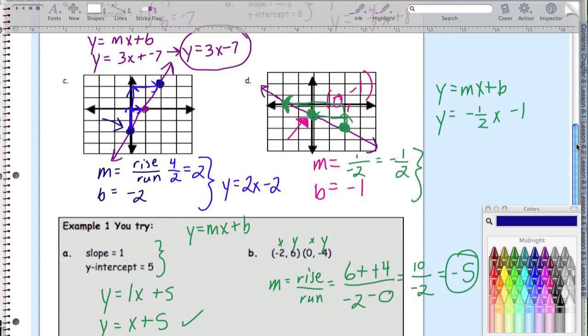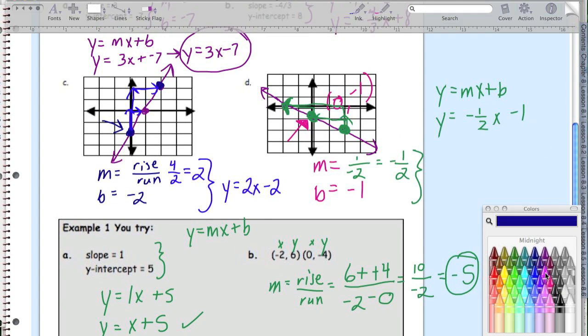Now I go to do my y-intercept, and I want to give you a little hint. Let's look at something here. My y-intercept right here and my y-intercept right here, those are given to us. This y-intercept is the point 0, -2. This y-intercept is the point 0, -1.